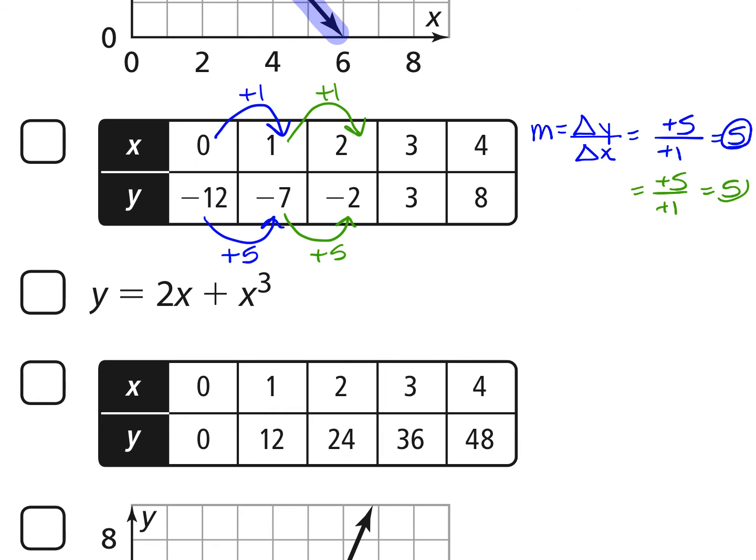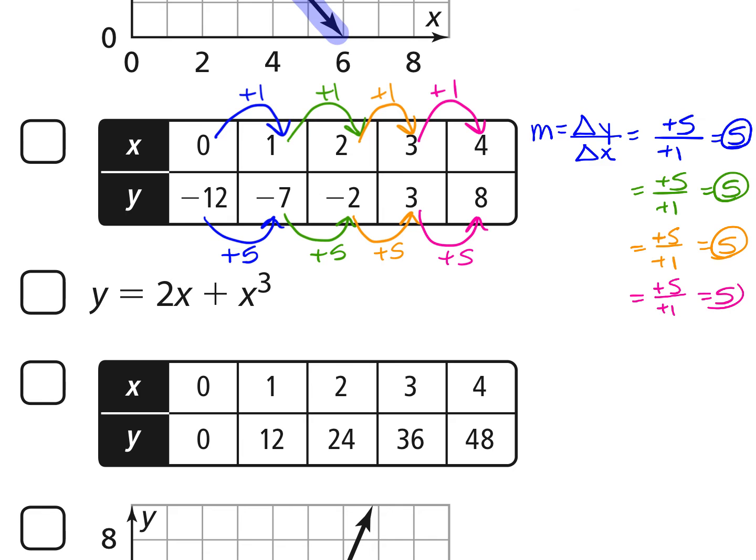So we've got a slope of 5. From negative 2 to positive 3, it increases 5, and the x increases 1. So we've got 5 divided by 1, which is 5. Okay, the change from 3 to 8, it increases 5, while the x from 3 to 4 increases 1, so it goes up 5 over 1, which is 5.